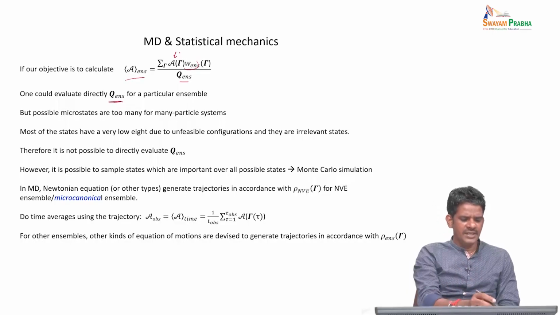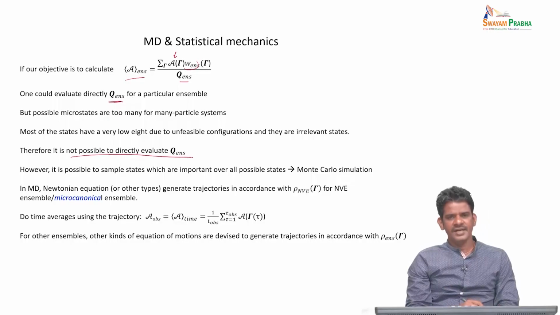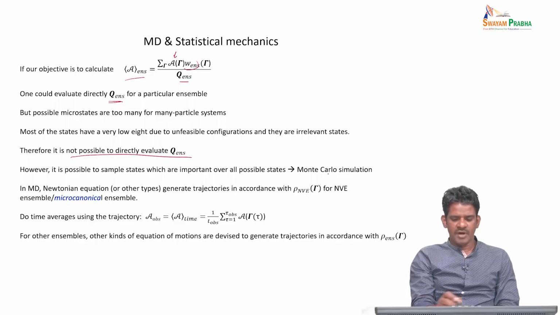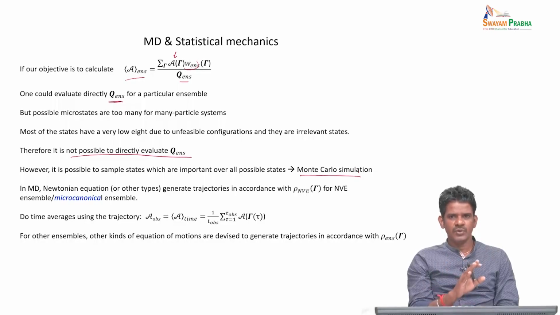In many cases, it is not even possible to directly evaluate the ensemble partition function. I will show in a later class the order of magnitude of such partition functions. That's why in Monte Carlo simulation, we try to sample microstates which are very important, which contribute most significantly to the property, and not pay attention to other microstates which weigh very little.